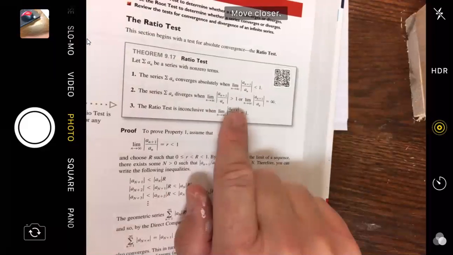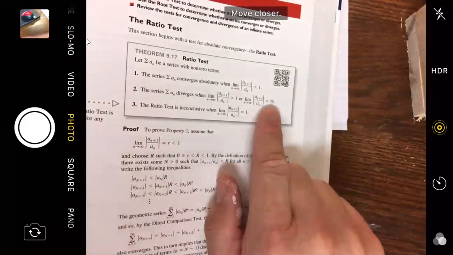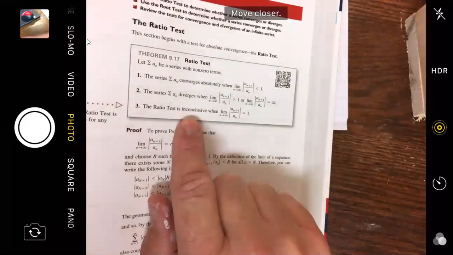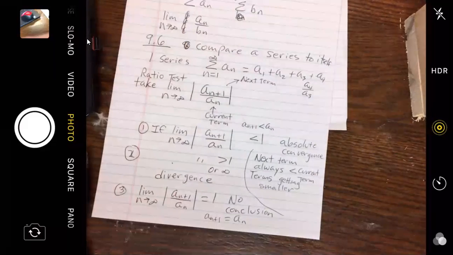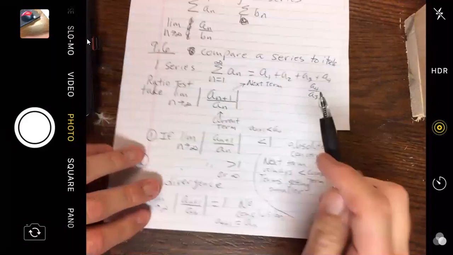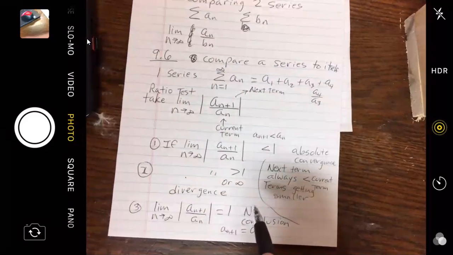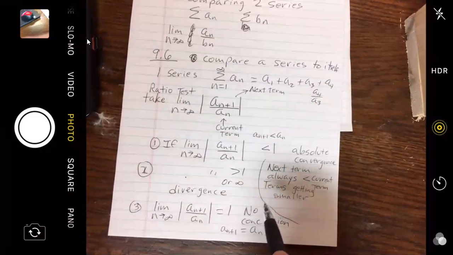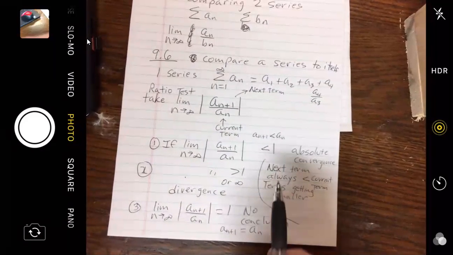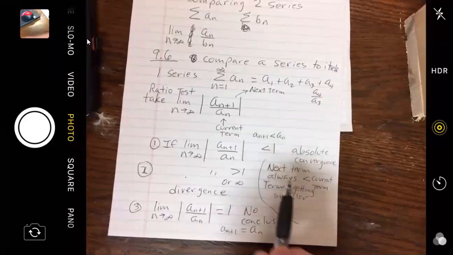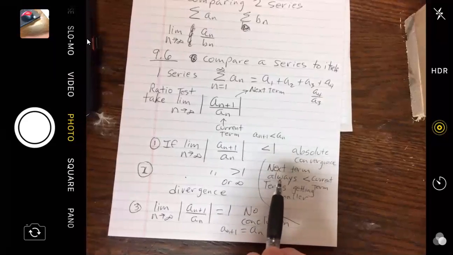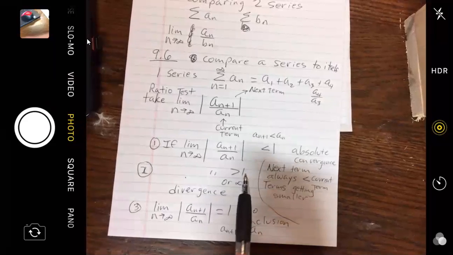It diverges if it's greater than 1 or infinity. And it's inconclusive when it equals 1. That is technical speak for we have no idea what is going on. It tends to lead to a lot of algebra, but it works out pretty straightforward if you can follow the algebra. And this is going to come back on us in 9.8, I believe. So this is an important test for the rest of the chapter.